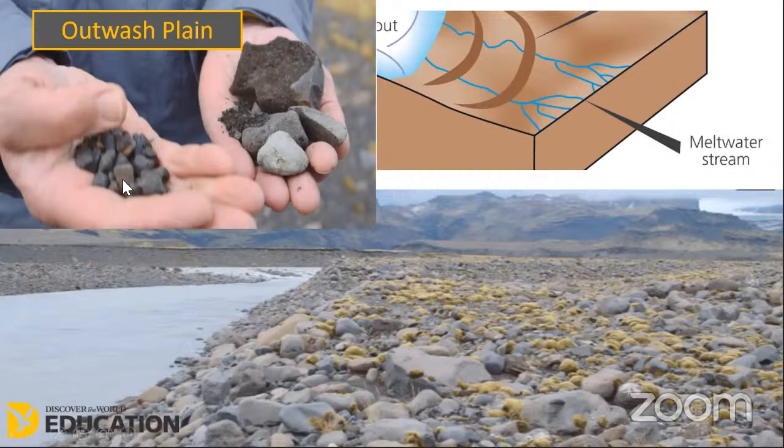But you can see the difference here in the sorted material that's been on the outwash plain and the angular, jagged, unsorted material from the till that we find in the moraine. And I think this image is particularly good to show students the difference in the material and the processes that are going on.